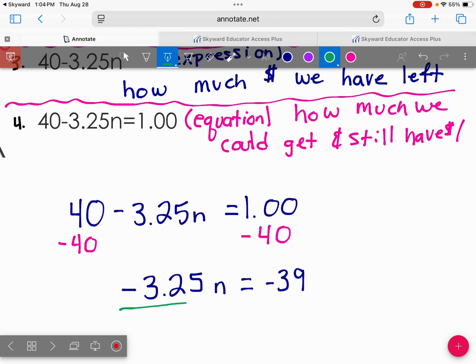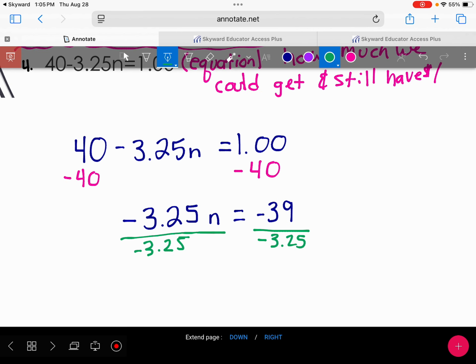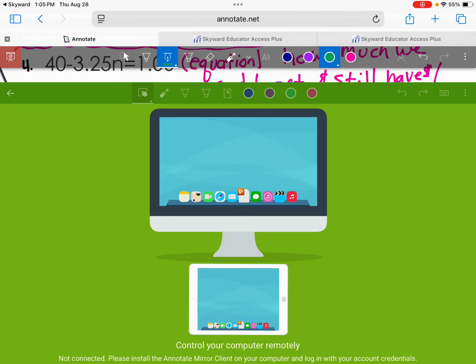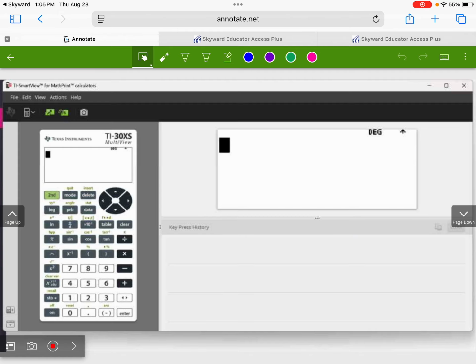Divide. We want to divide both sides by what? Negative 3.25. And you can divide by negative numbers. That's totally okay. When you do it in the calculator, we're just going to be really careful to use the correct negative sign, because if you use the other one, the calculator is going to give you an error.